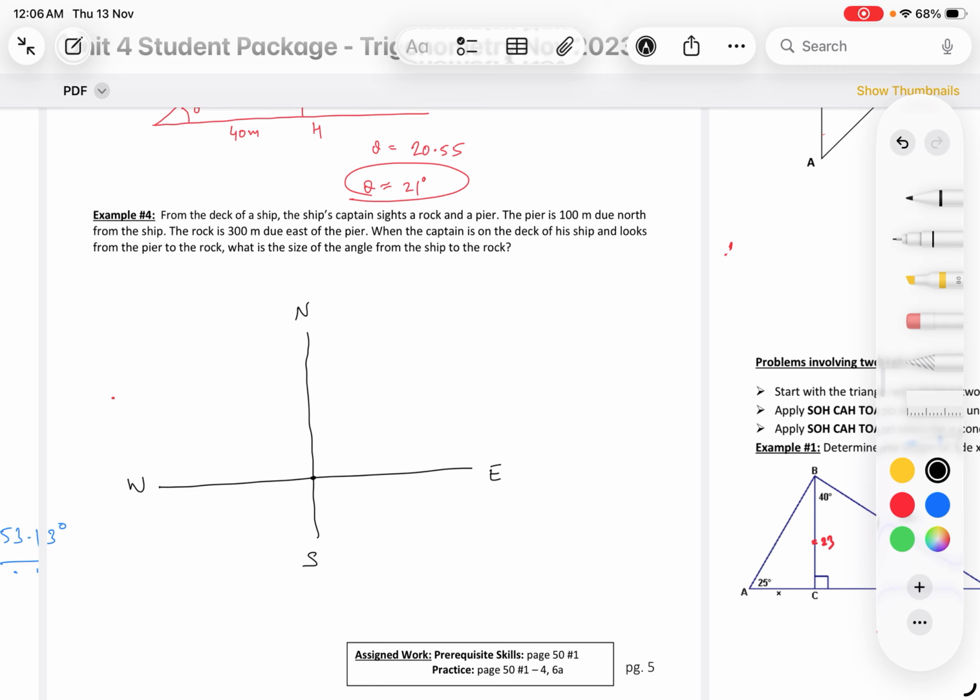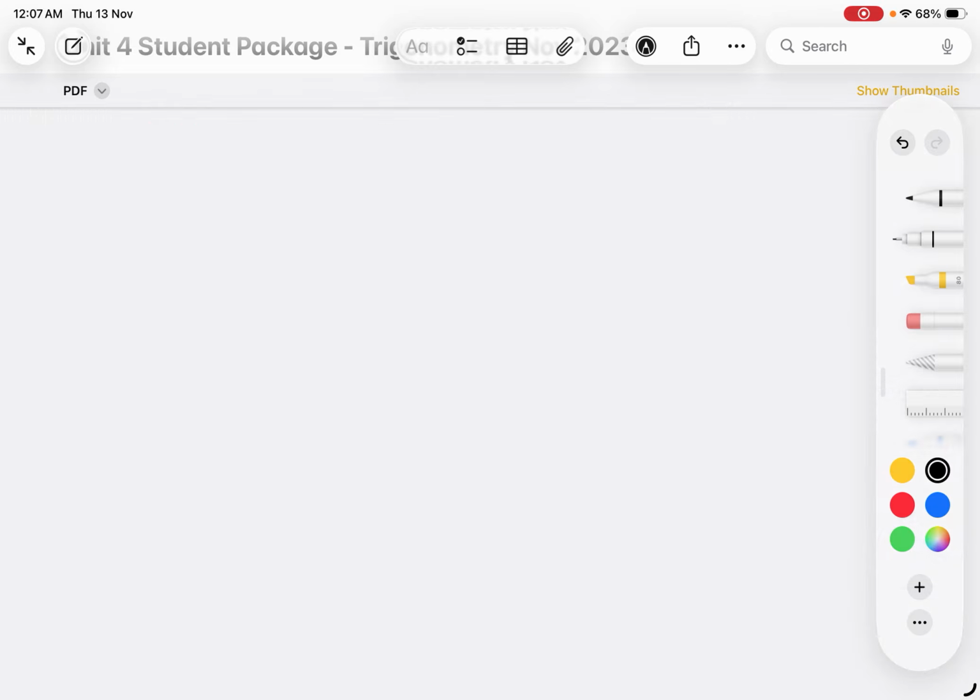Here there is a ship, let us suppose at point O. The pier is 100 meters due north of the ship. The rock is 300 meters due east of the pier. It is 300 meters.